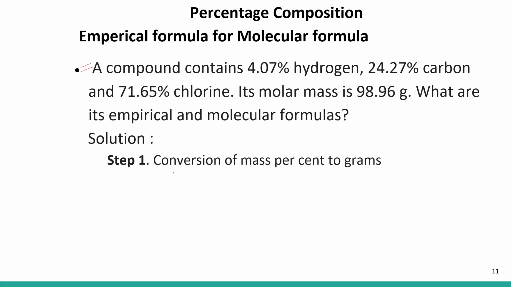So further we will write this as 100 gram. So we are taking 100 gram of that compound for convenience of our calculation. Okay. So we know that this is the percentage and it is always out of 100. So we can say that this 100 gram of compound will contain 4.07 gram of hydrogen. Okay.